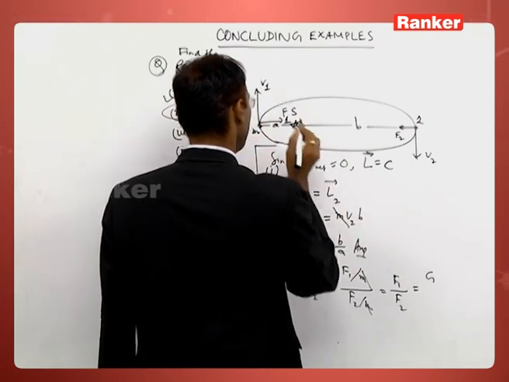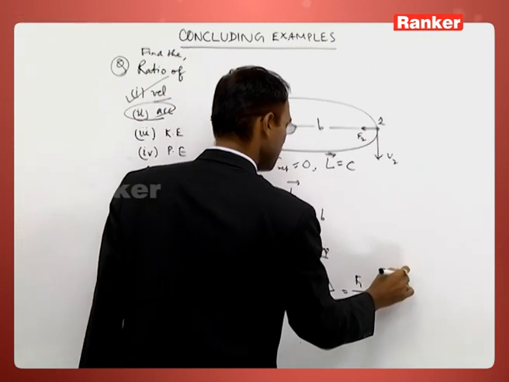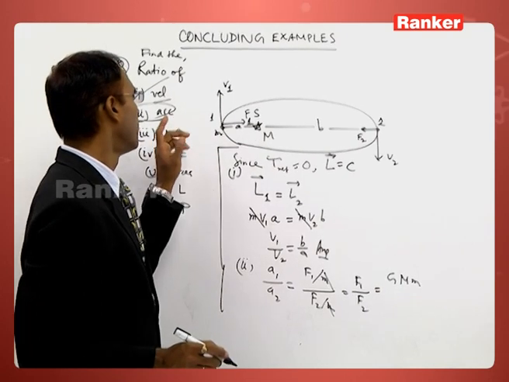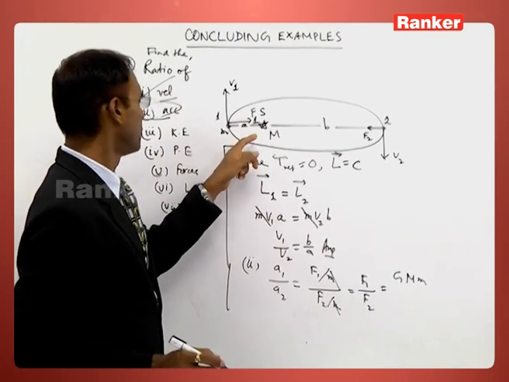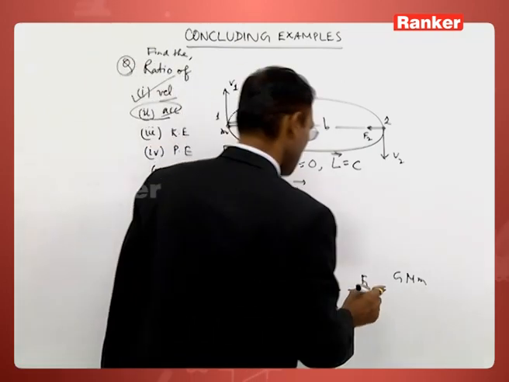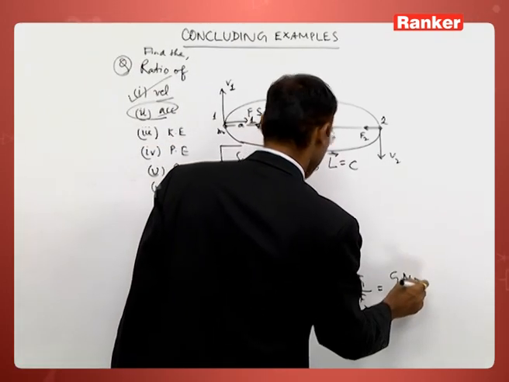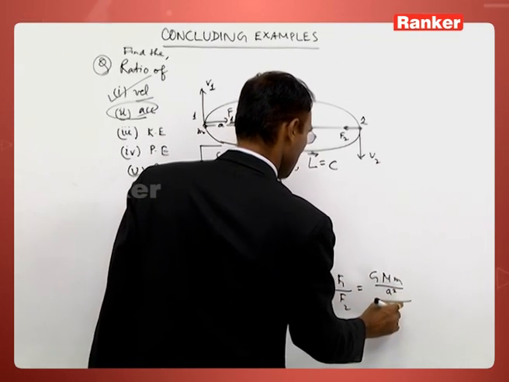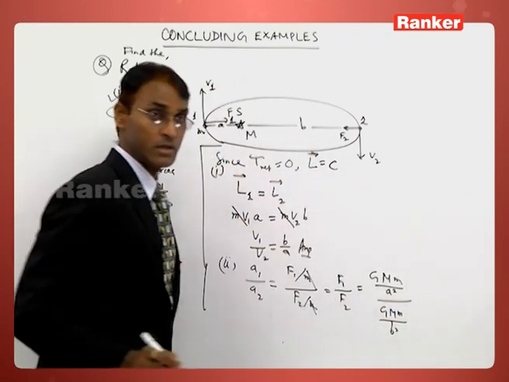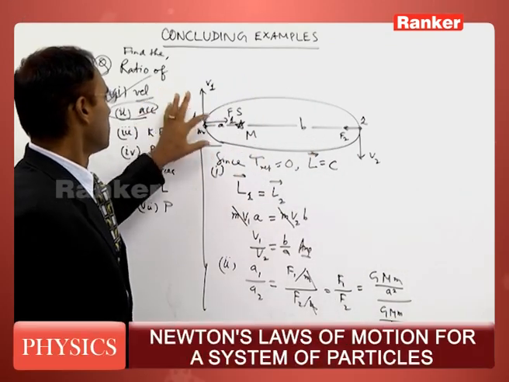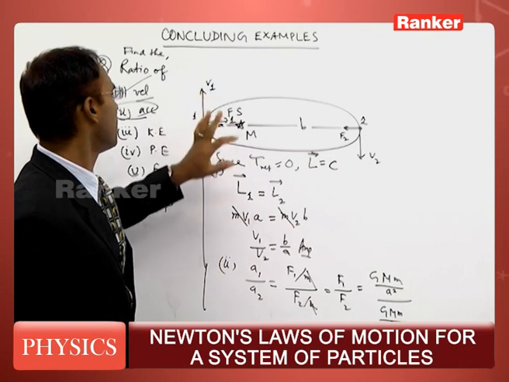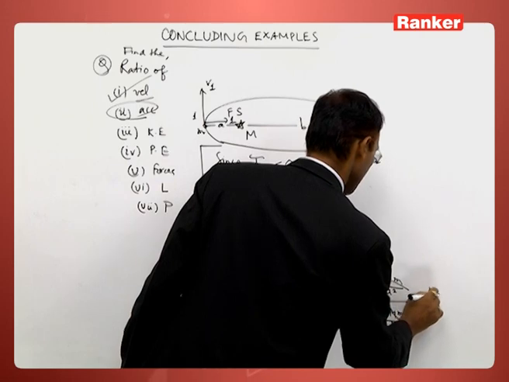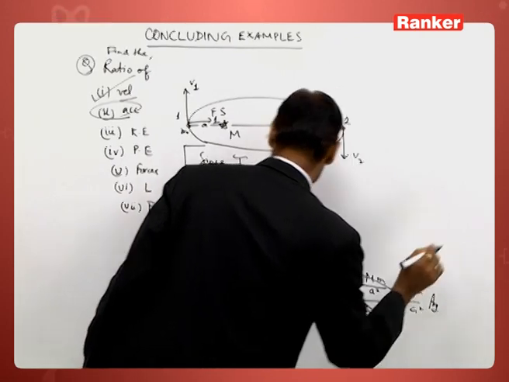Let us assume that small m and capital M are the masses of the planet and the sun respectively. So F1 can be written as GMm by a square and F2 is GMm by b square according to the law of universal gravitation of Newton. So these two will get cancelled. You are getting b square upon a square. Answer.